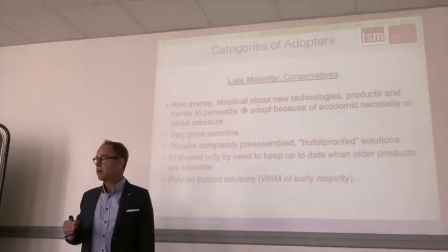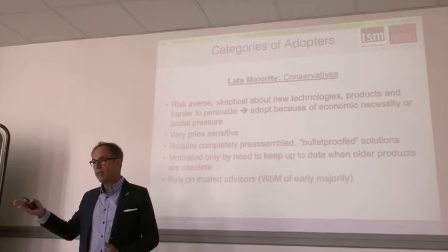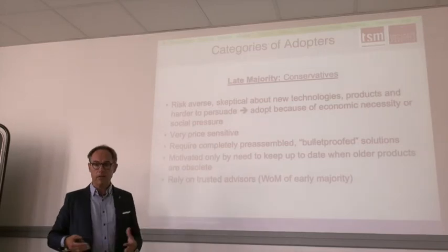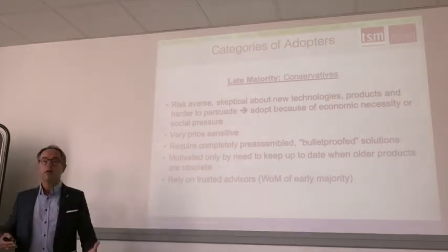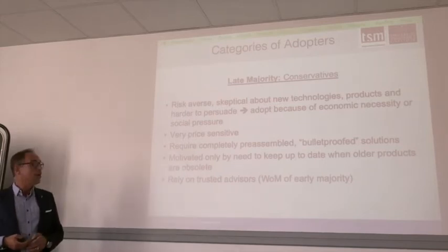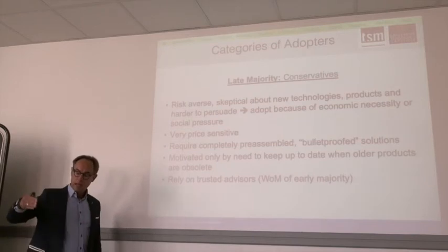They only buy because of social pressure, because everybody has one. If you take the example of smartphones, everybody has a smartphone. They buy because of their friends, with social pressure or economic pressure. So they're very price sensitive, so they don't buy for a high price, they wait until the price decreases.